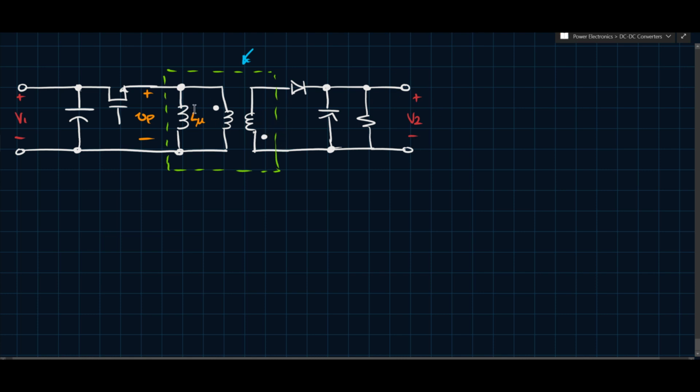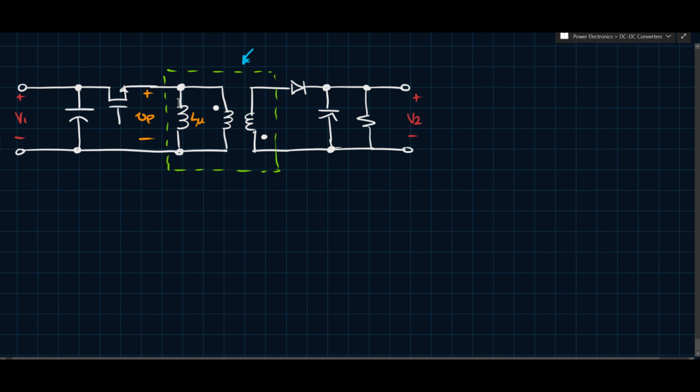We take care of that flipped diode and the flipped output voltage by just flipping the terminals here. Essentially what we've done is take a buck boost, and instead of using a standard inductor, we're using the inductance of this transformer in its place. There's no electrical connection between the primary or V1 side and V2 side. You use the magnetizing inductance to act as the filter inductance that you would have had in the buck boost converter.